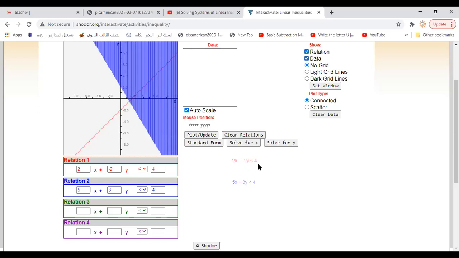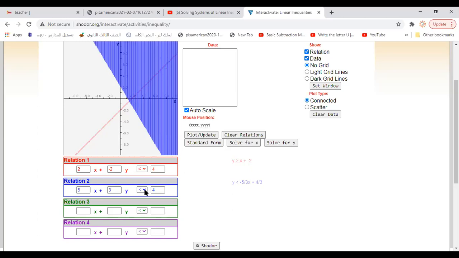For the first relation, it will be y more than or equal to x minus 2. For this reason, it starts at negative 2, then move one up, one to the right, and we are going to shade above the line.